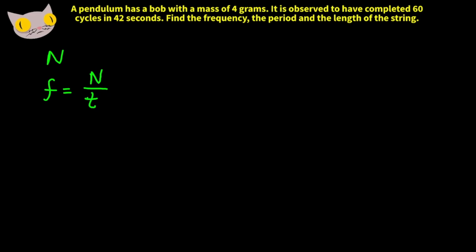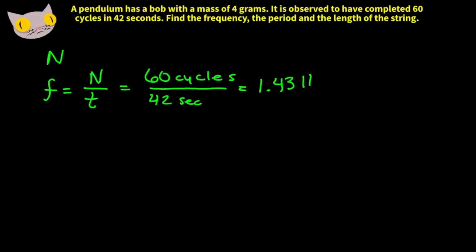So we can calculate the frequency pretty easily. We have 60 cycles over 42 seconds, and that's going to be 1.43 hertz.